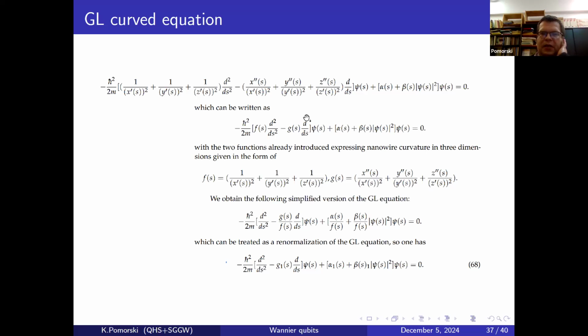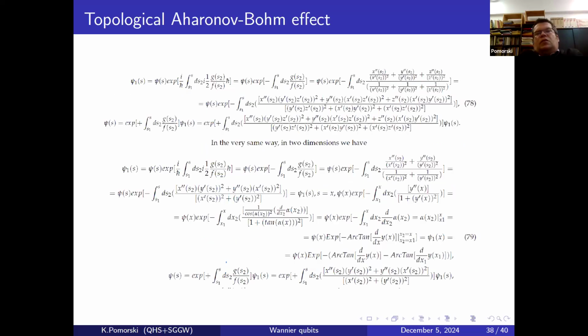Then this banded superconducting cable can be described in such a way as given here. You have certain renormalizations of previously used coefficients alpha and beta, a position-dependent mass, and also some kind of dissipative factor.